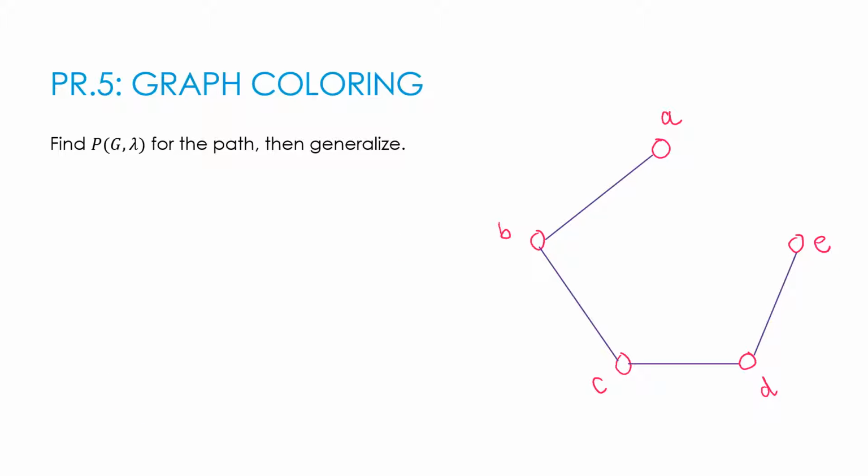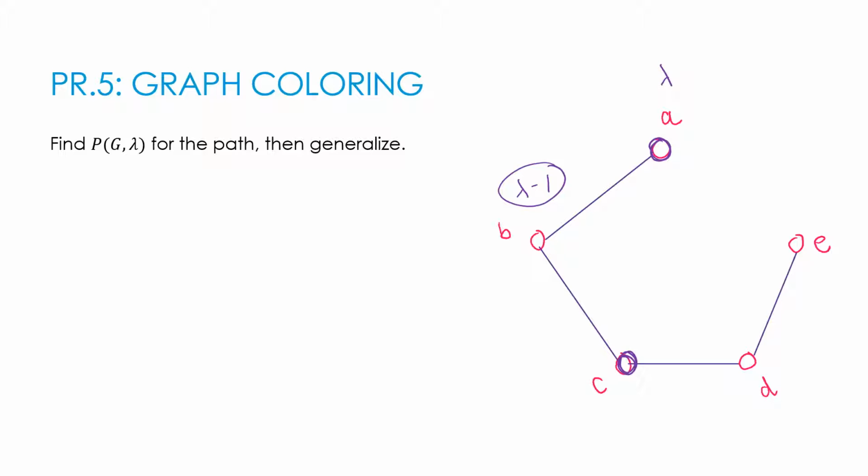New question. Now I'm looking for the chromatic polynomial for a path and then generalize. So again, if I have lambda colors, this guy can be lambda. This guy can't be whatever color I chose for A. This guy can be any color except for whatever I chose for B, so lambda minus 1.